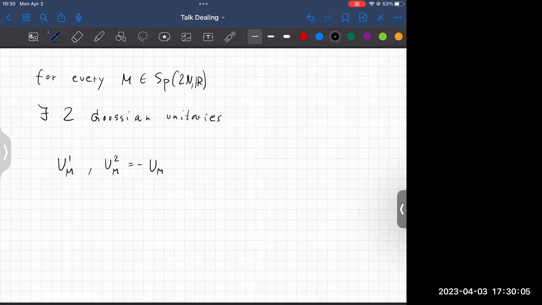So it's just U_M1 and minus U_M1. You could also write them as plus minus. There are two Gaussian unitaries such that U_M dagger psi A U_M is equal to M_AB psi B.